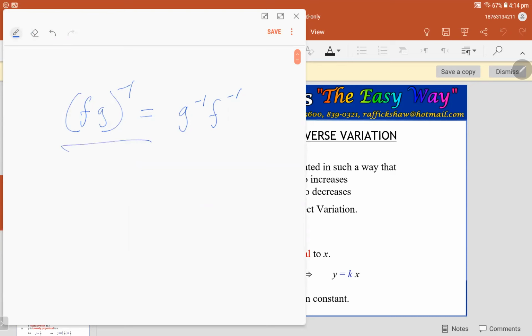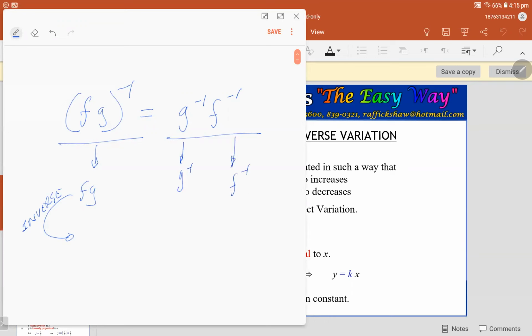How do we get this? To get this side, we have to do f of g first, which is a composite. And then after we get f of g, we inverse it in the normal way. That's how we get that side. To get this side, what do we have to do? We have to find g⁻¹, and we also have to find f⁻¹.